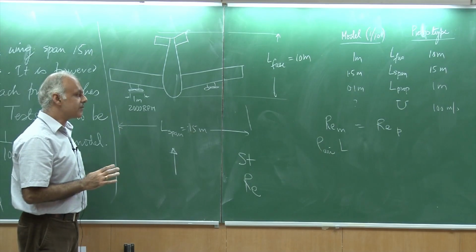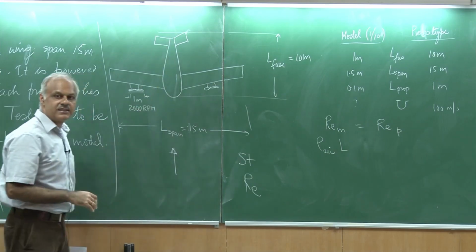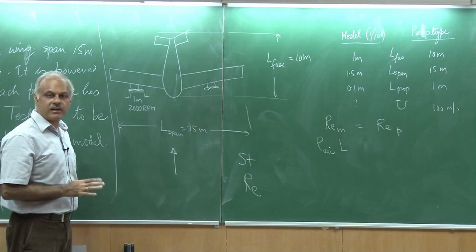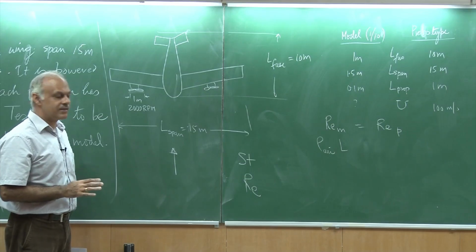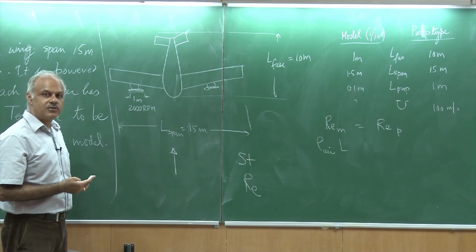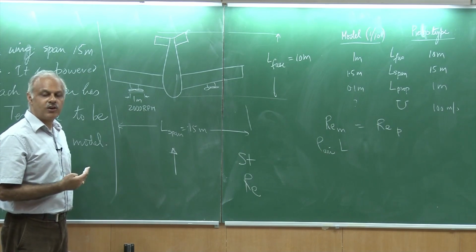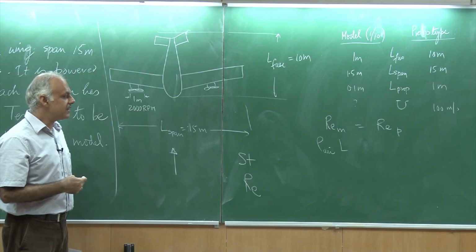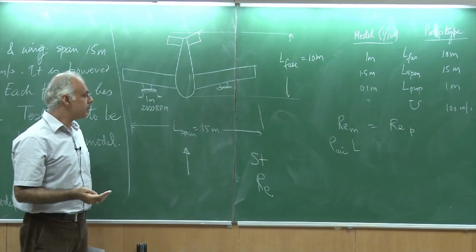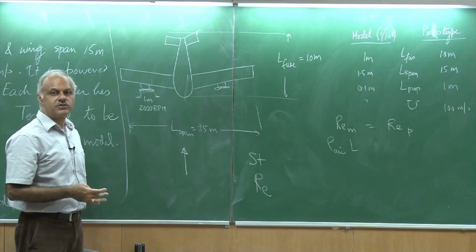So, as long as I am consistent. If I say that my Reynolds number is based on the length of the fuselage, and everybody talks about that length when they look at this analysis, there will be no confusion and everything is okay. But if I do not explicitly specify it when I define my Reynolds number, so I simply say my Reynolds number is 1 million, but I do not tell people it is based on which length and which speed, then I may base it on the fuselage, but some other person would base it on the wing span or the wing chord, and there would be confusion.